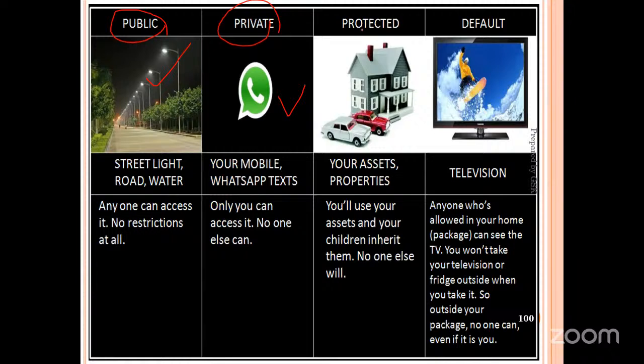That is about private. Protected, suppose if you have some properties like home, cars, etc., you can access that because those assets are yours. After that, your son or your daughter may access that because those are children of you. Like that, protected is also the same thing. You can access that protected variable within the same class or same package, and the children of that particular class.